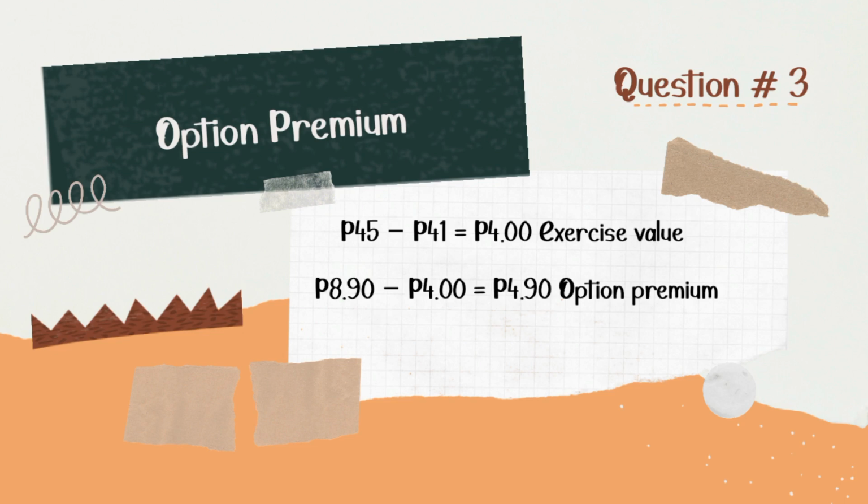So substitute the values, 45 pesos strike price minus 41 pesos current price of stock equals 4 pesos exercise value. And then after that, in getting the option premium, we will use the option value 8.90 pesos minus the 4 pesos exercise value equals 4.90 option premium.